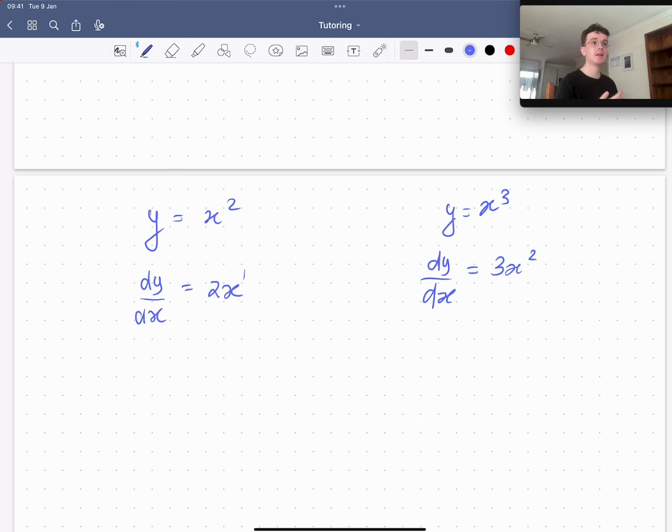Now, there are many, many ways of differentiating. The fundamental theorem of calculus was the first thing that was developed, and then from that there were various rules that were the result of the fundamental theorem of calculus. So, if I differentiate y equals ax to the power of n, I get a times by n times by x to the power of n minus 1.